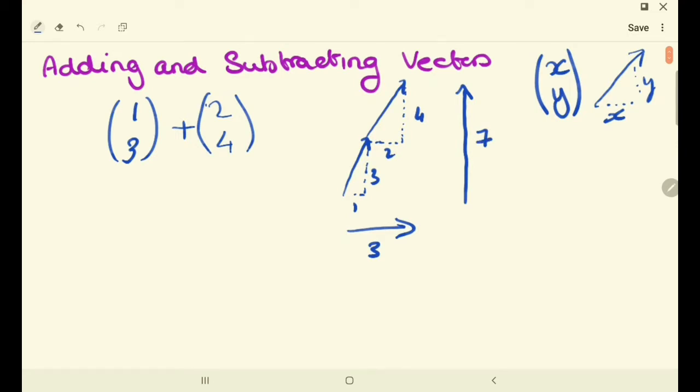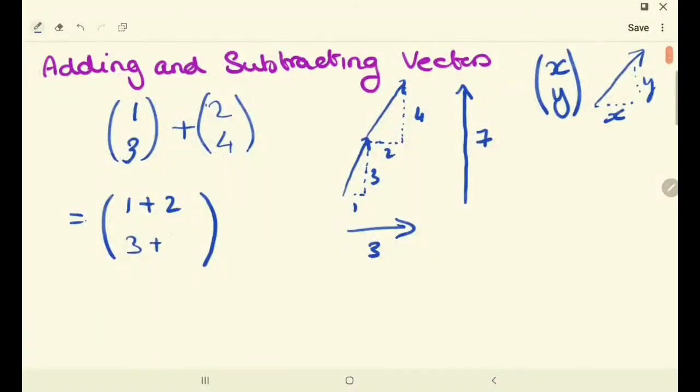If we had to draw this out every time, it would get a bit exhausting. So what we do instead is we quite often just write it out in its numerical form, like over here. And then we can just do it using basic adding and subtracting, depending on the question. So we have 1 plus 2 for our x parts, and we have 3 plus 4 for our y parts.